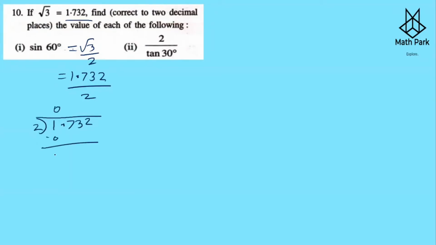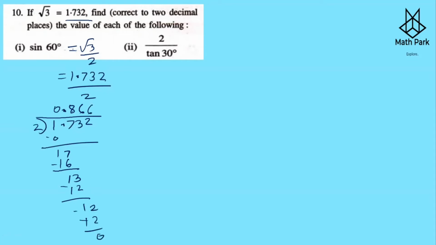You are given sine 60. Now we know that the value of sine 60 is root 3 by 2. You are given the value of root 3 as 1.732. So divide 1.732 by 2 and write the answer up to 2 decimal places. 1.732 divided by 2: 2 zeros are 0, 1, take the 7 down, 2 8s are 16, subtract, you get 1, bring down, 2 6s are 12, again 2 6s are 12, and then you get the remainder 0.